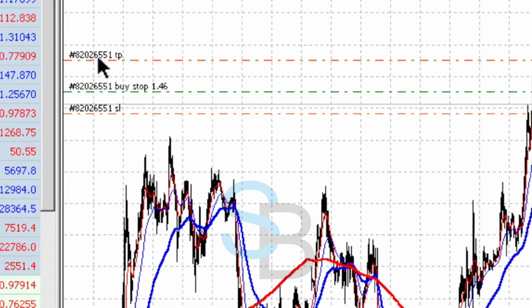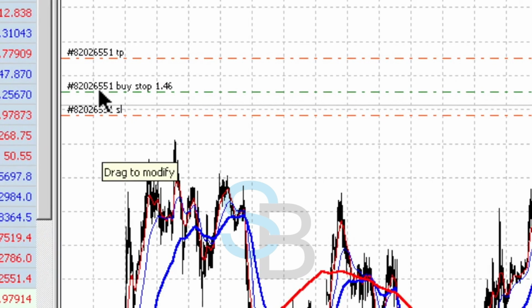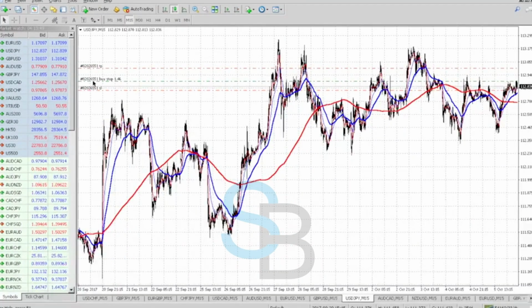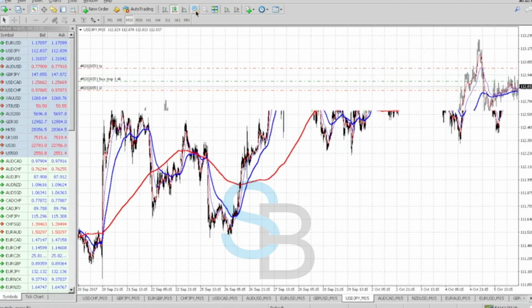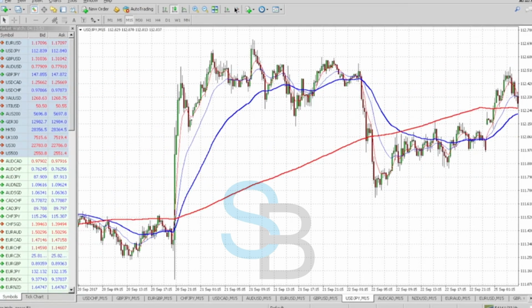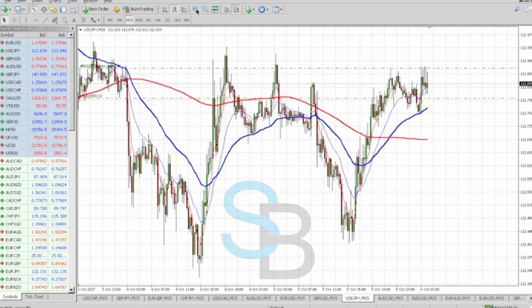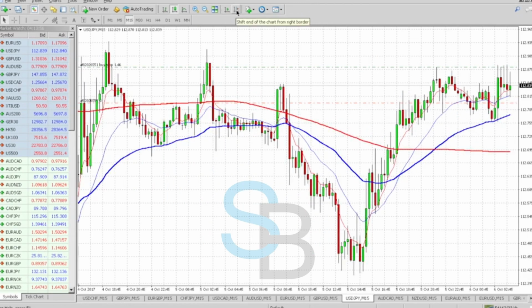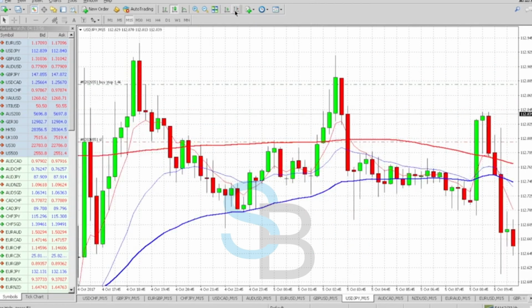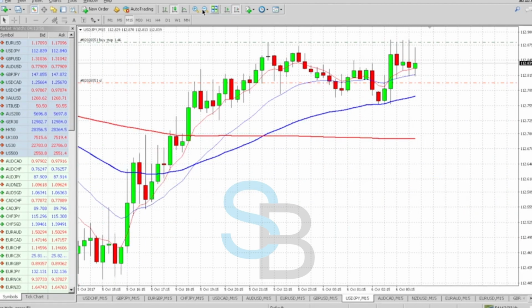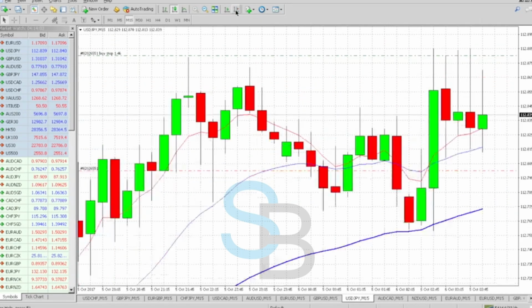If it does, it will hit our target profit or our stop loss order. So we'll just have to wait and see and come back to this trade when it's done.